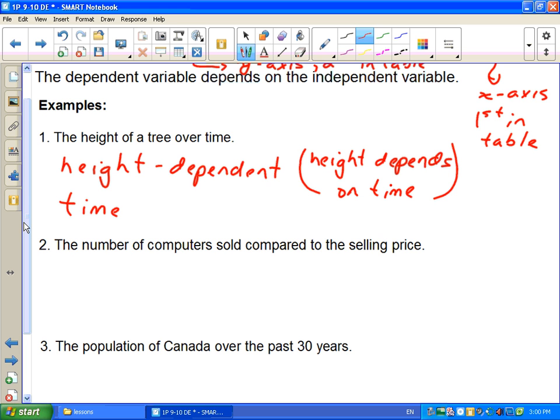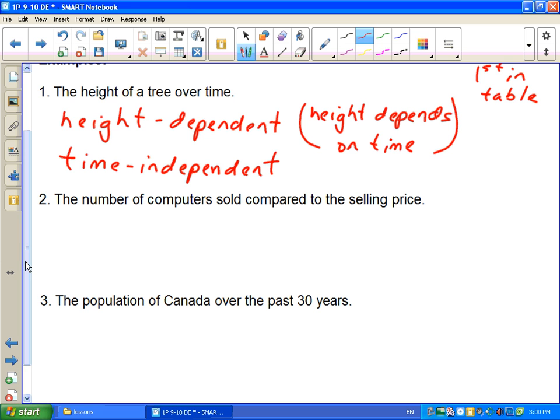And if height is dependent, time has to be independent. And when time is one of your variables, 99 times out of 100, time is going to be the independent variable. Okay? So let's look at situation 2.